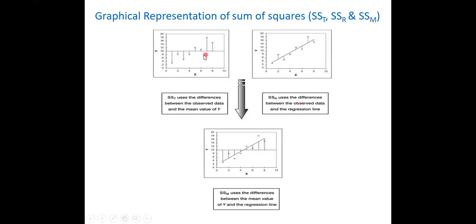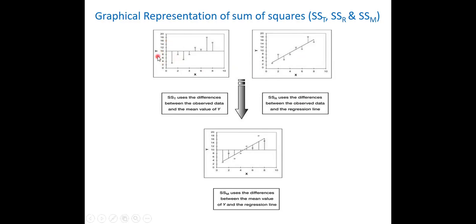The first box here is the same plot, using the mean as the model. This second plot is the regression model, just like the one we have shown before, that slopes up. You can also slope down, but the issue is there is a slope. So this second one is the regression, while this one is the mean model.